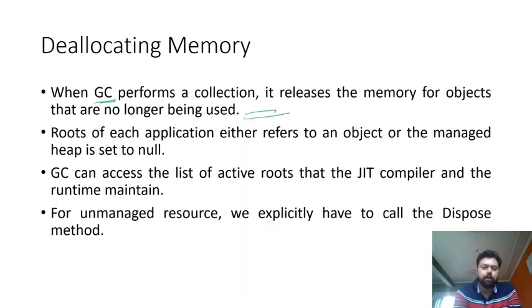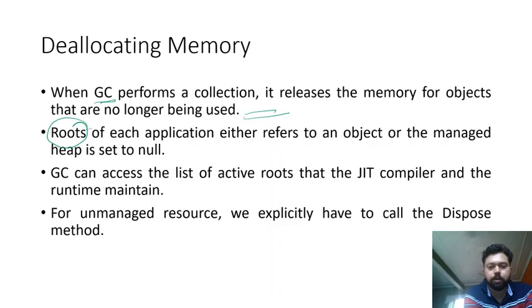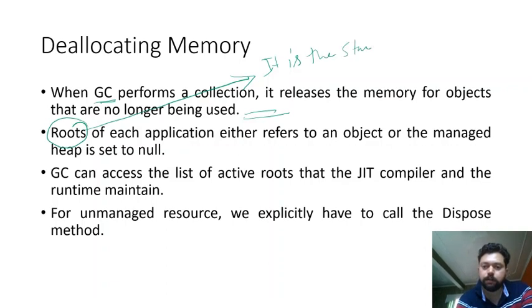The second point is that the roots of each application either refer to an object or are set to null. The root is the starting point of the first element of the managed heap. Root is the starting point of the first element of the managed heap.